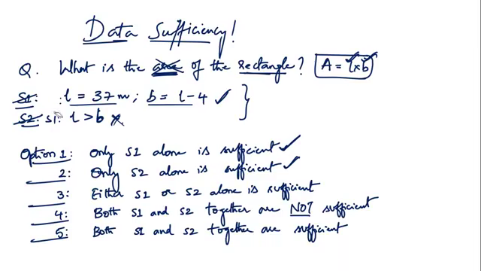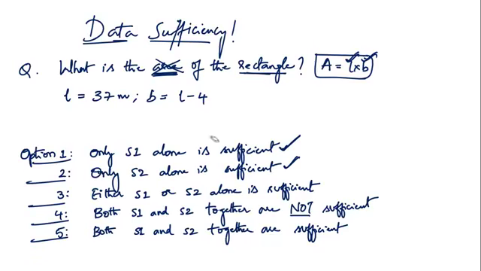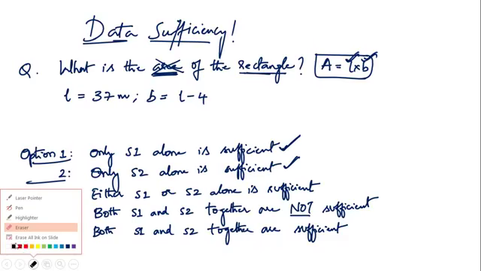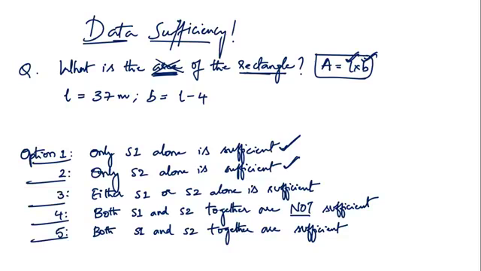Now, what are the other cases? Let me give you the other possible cases where answers could be 3, 4 or 5. So let me now explain when the answer can be option 3. This is statement 1, and let's say statement 2 is as follows.